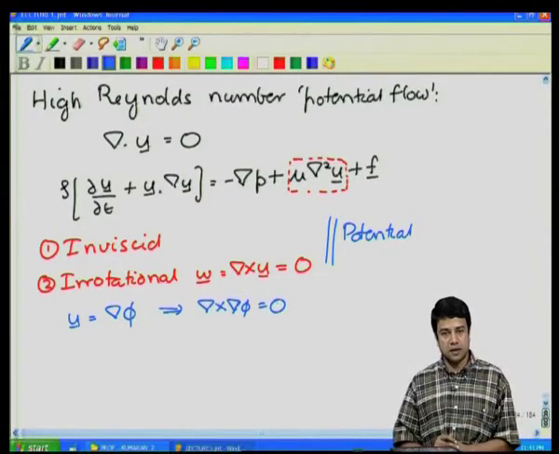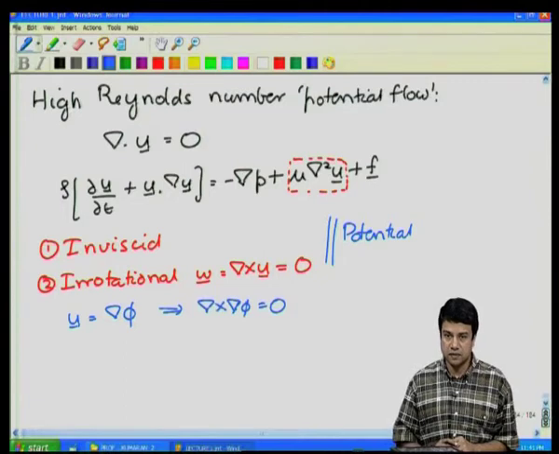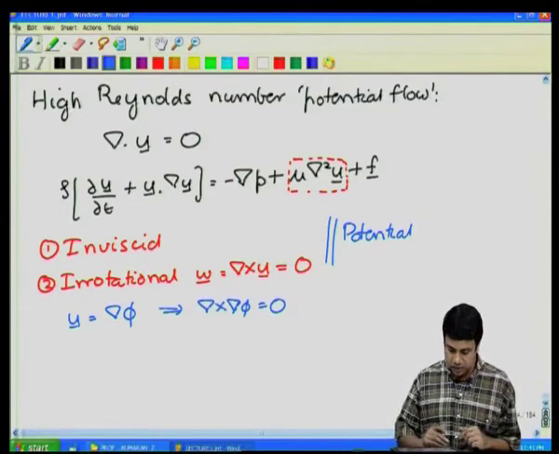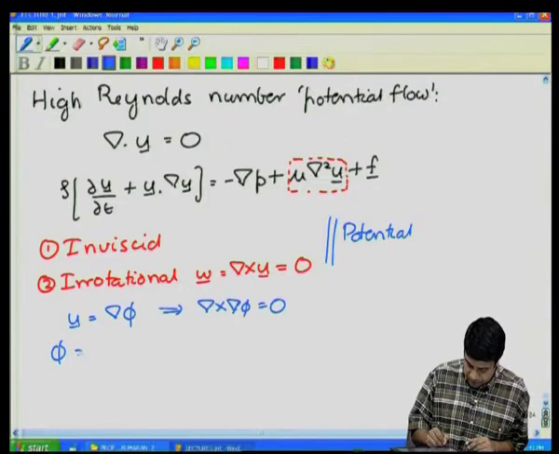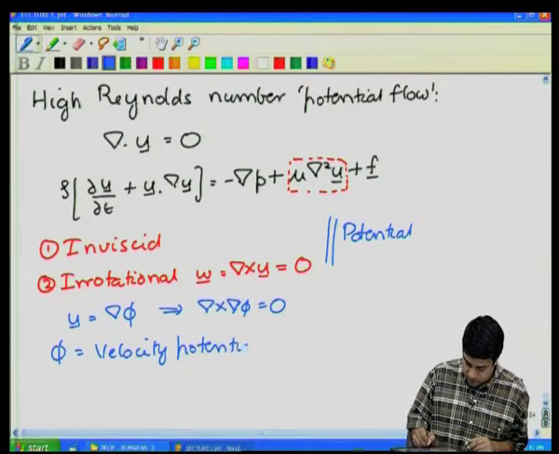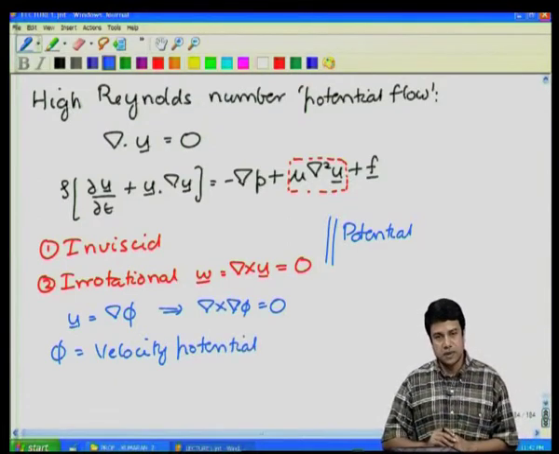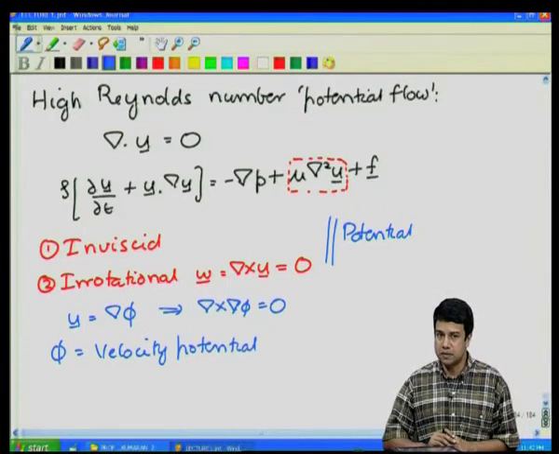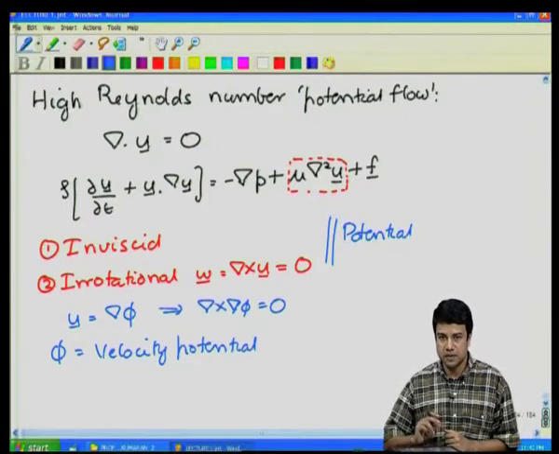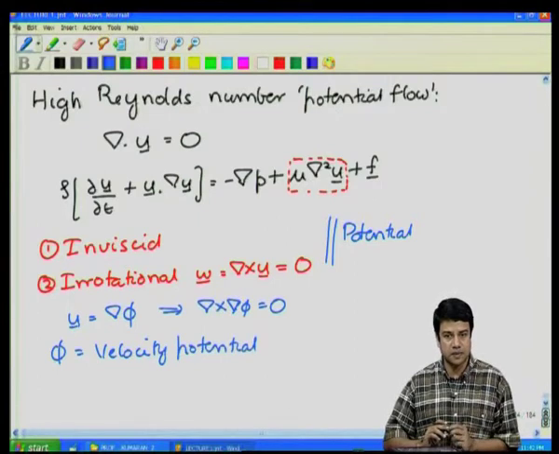This phi is what is called the velocity potential, and the velocity is equal to the gradient of the potential. So, I have reduced the velocity from two components, or three components, to just one scalar component.